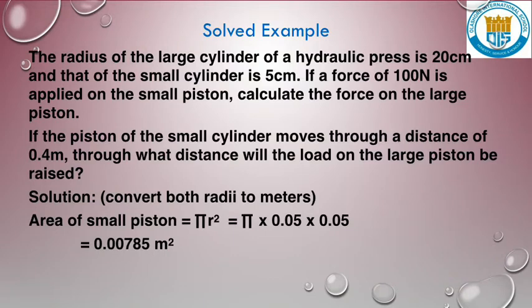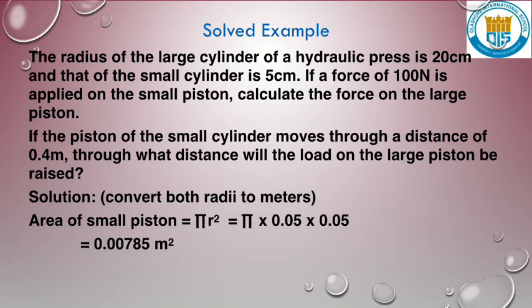Let us look at a solved example of this. We have a large cylinder which has a radius of 20 cm, and then we have a small cylinder that has a radius of 5 cm. Now, a force of 100 Newton is applied on the small piston. Calculate the force on the large piston.